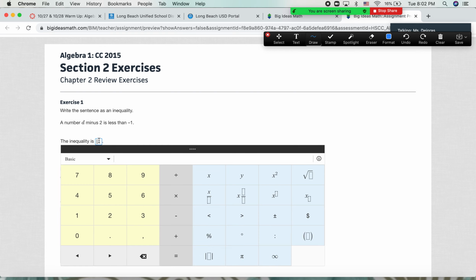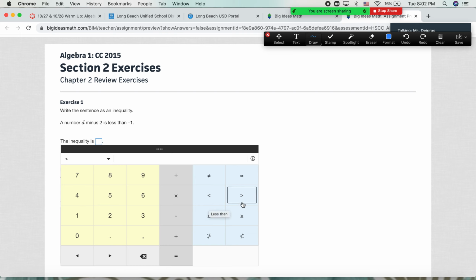So when you type in this box, you guys, this keyboard right here only has less than or greater than. So in order to find a keyboard with the less than or equal to or greater than or equal to, we're going to go to Basic, and we're going to scroll down to this third keyboard option, and it will now give you all 4 options to type into the solution box.